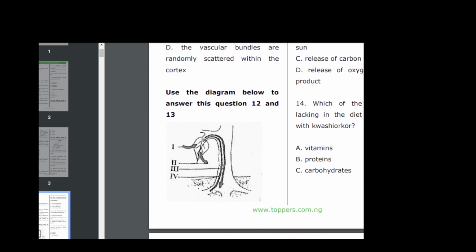So let us see the answer to that particular question. Xylem, this one is going from the root to the leaves. So this one here is xylem, and that is Roman numeral 4.